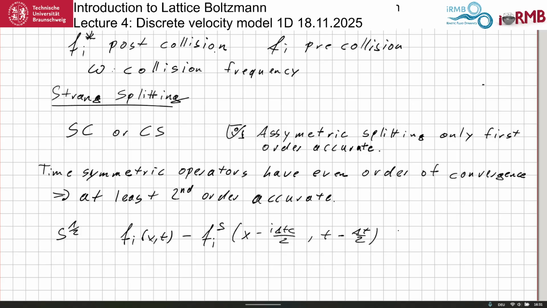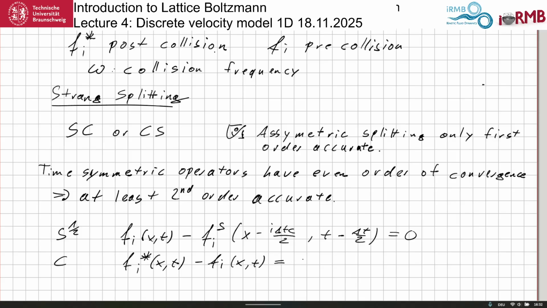And because I put everything on one side, I set this equal to 0. Then I do my collision, Fi post-collision at x and t minus Fi at x and t. So this is the difference between what we get out of this and the post-collision.